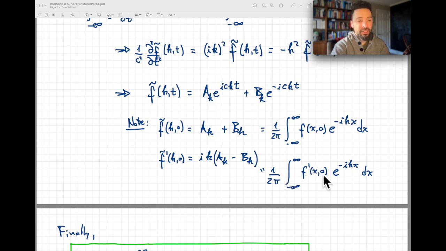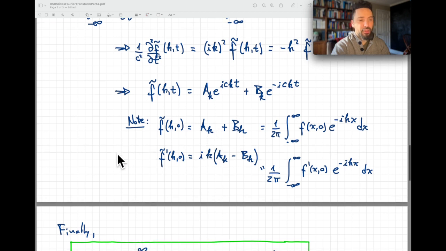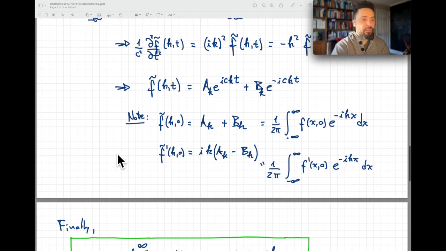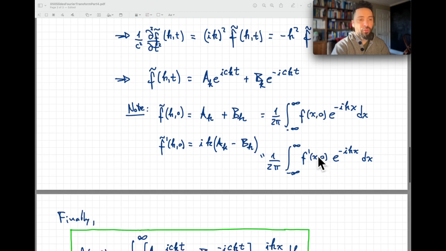So we have to specify again the velocity profile at each point on our string or in our system along the whole real line in order to perform this Fourier transform and then obtain this f tilde prime of k, 0. Now we have then two equations with two unknowns, ak and bk, and that's how we proceed to solve our problem. So once we're given these two initial conditions, our job is to perform these Fourier transforms to calculate ak and bk.